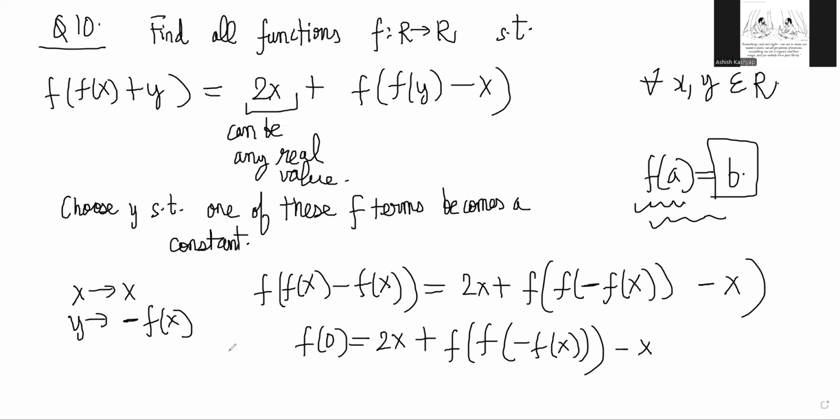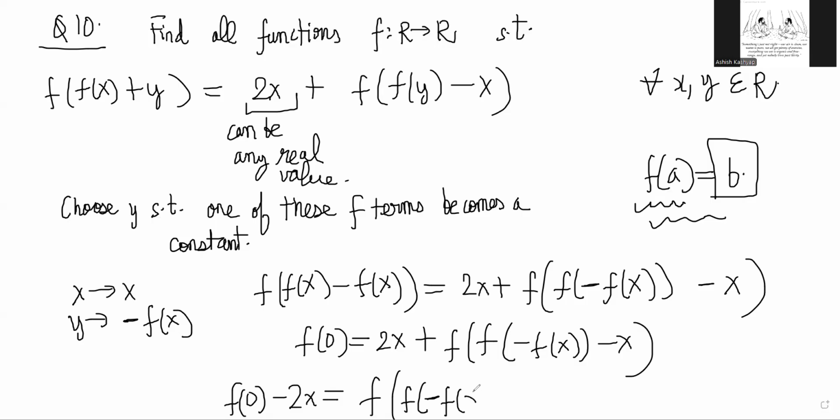One second. This was inside the bracket, right? So what we are getting is f of 0 minus 2x is equal to f of minus f of x minus x, right?